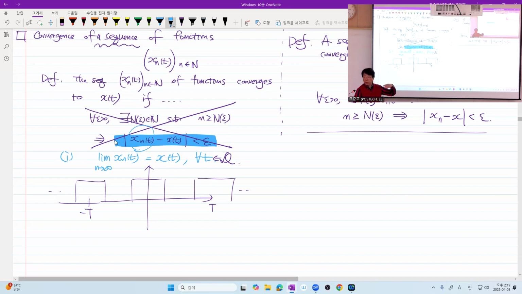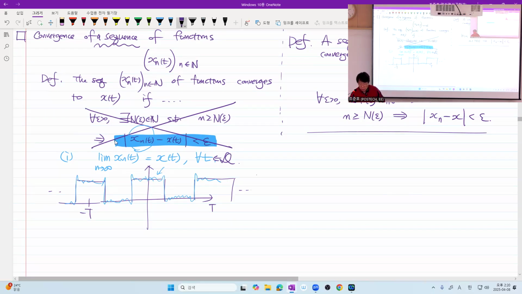The truncation of the countable sum from negative n to positive n. Then what happened? You had something like this, right? Depending on the order of n, you may have a function closer to the original periodic square wave.